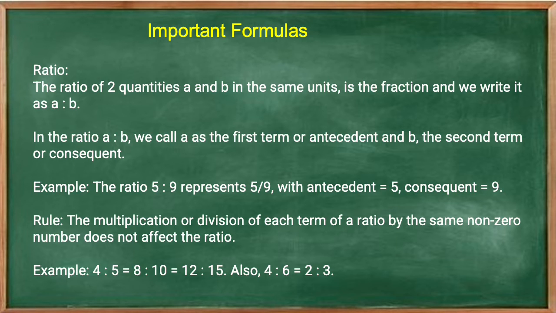Here, when you multiply 4:5 with 2, we get 8:10, so now 4:5 and 8:10 are both the same. Again, when you multiply 4:5 with 3, then the value 12:15 is the same as 4:5. So this multiplication or division does not affect the ratio.